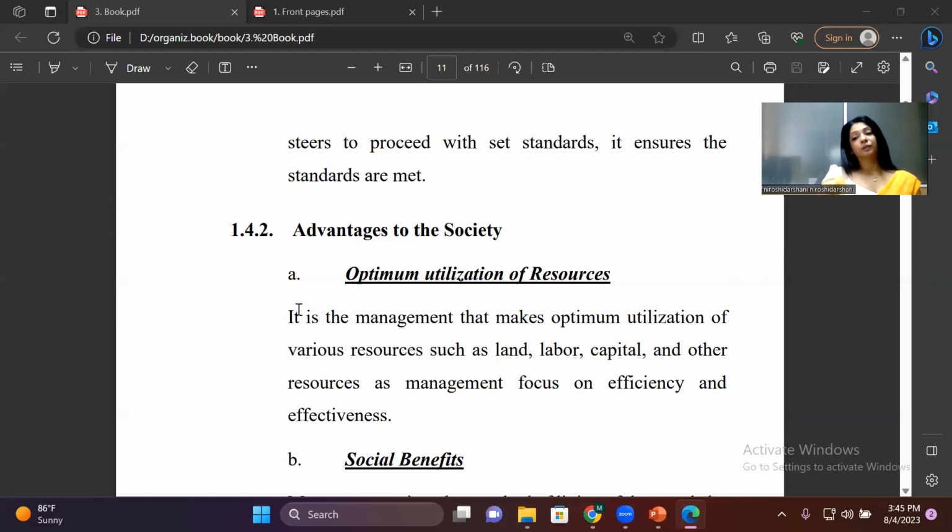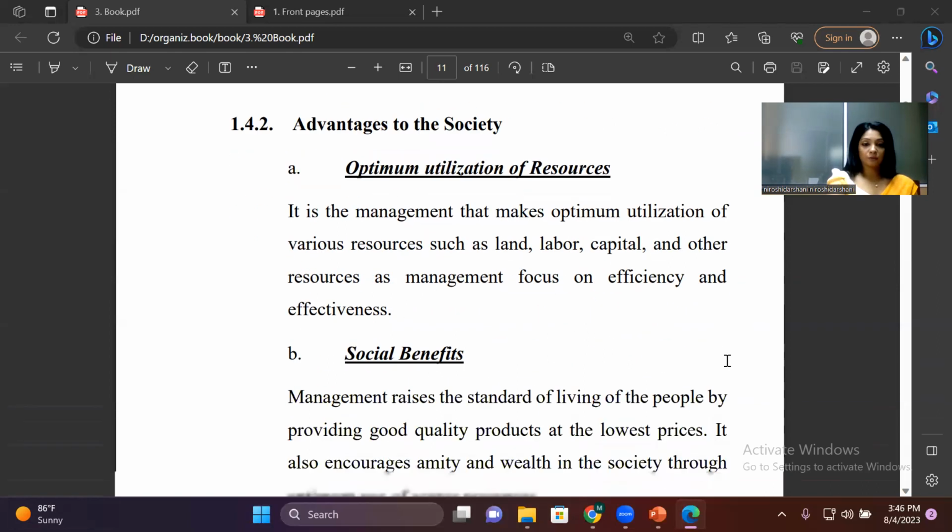What are the resources every business has? Land, labor, capital, and other resources, right? So you need to focus on efficiency and effectiveness. I was describing to you what efficiency and effectiveness are, so you have to focus on that.